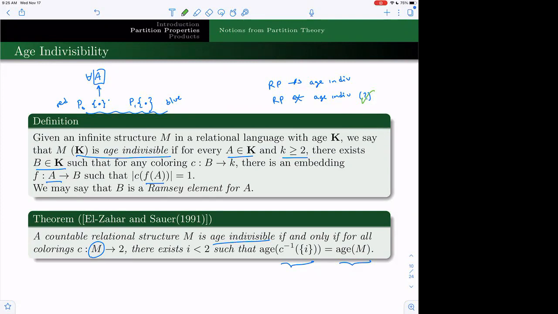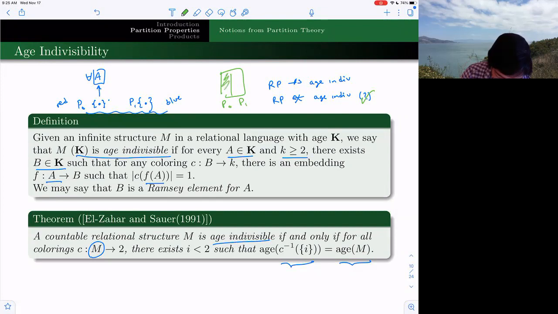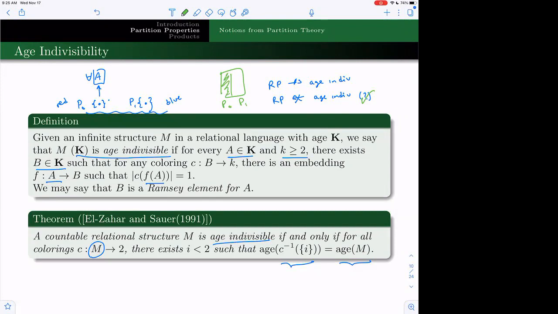Just to make clear, if you're talking about the class of structures which have only one type, or equivalently, it's a Fraïssé class which has a transitive automorphism group, then the Ramsey property implies age indivisibility, right? Because I can only think of a counterexample if you have two unary predicates, right? And they're just infinite.